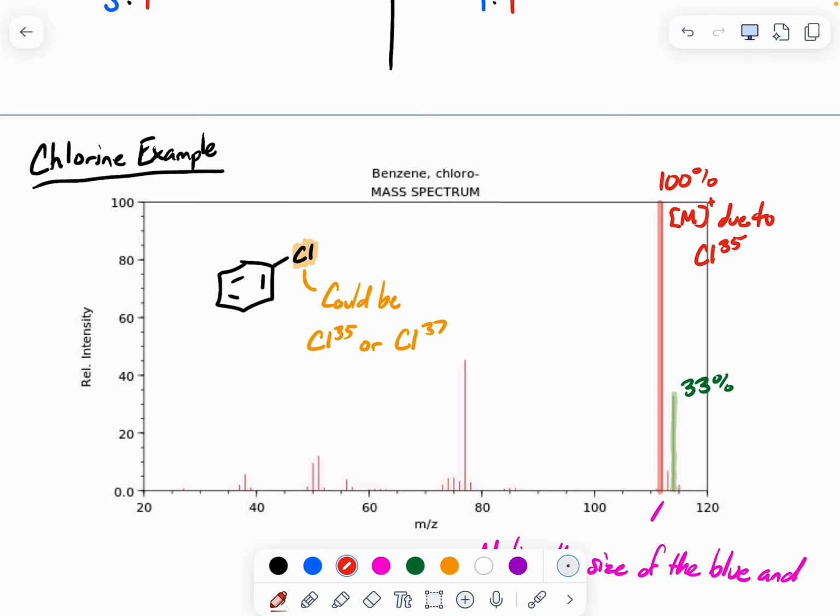But then we also have down here that 33%. This would be our M+2 peak due to chlorine 37. So you're looking for those tells in the spectrum. You're asking, do we have peaks that are 2 mass units apart? And do they match the appropriate ratio of chlorine or bromine? Does that make sense?